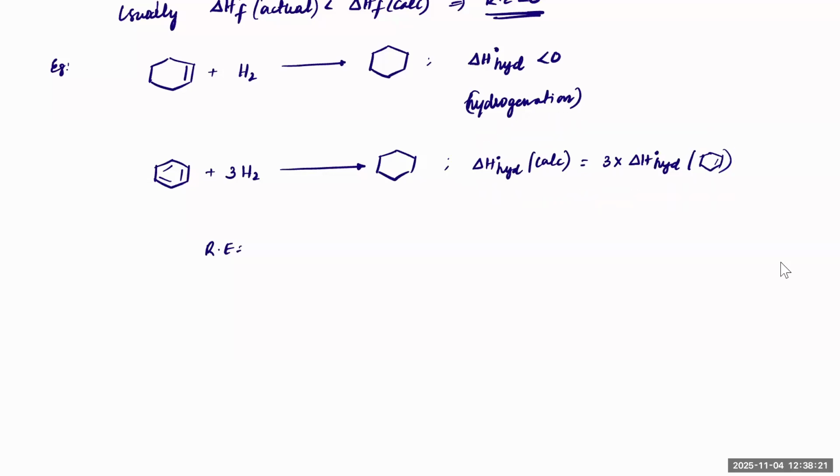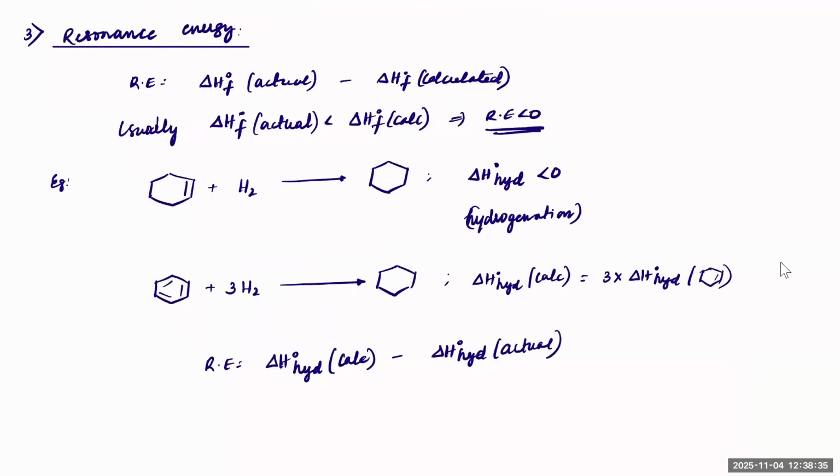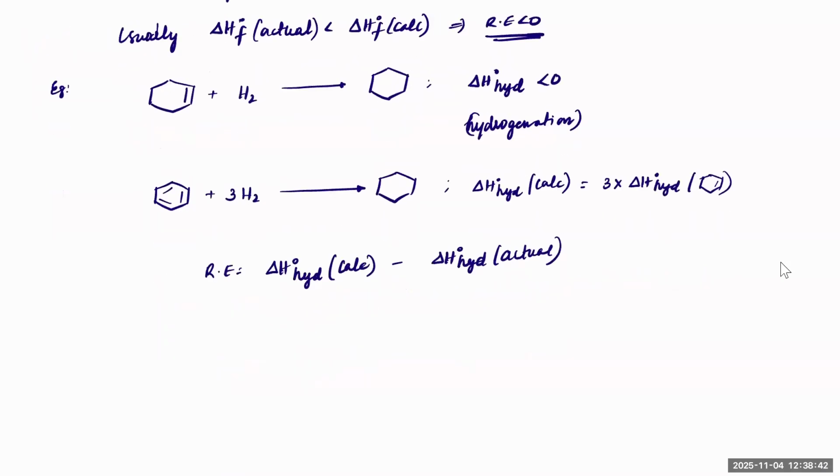So that is delta H naught of hydrogenation, which is calculated, minus delta H naught of hydrogenation, which is actual, correct? Can you see the difference now? When you write in terms of formation, it is actual minus calculated. When you write in terms of hydrogenation, it is calculated minus actual.